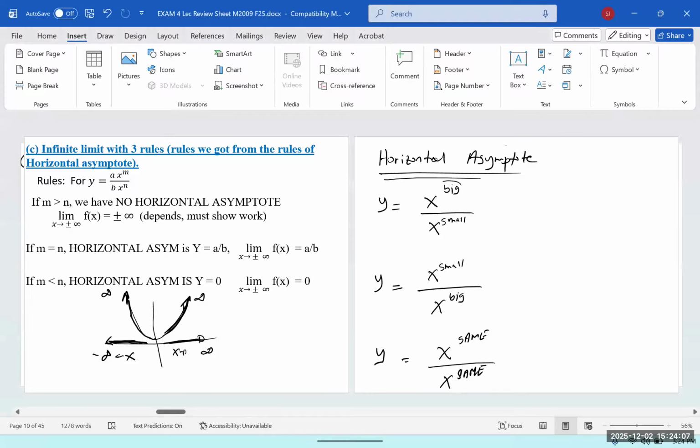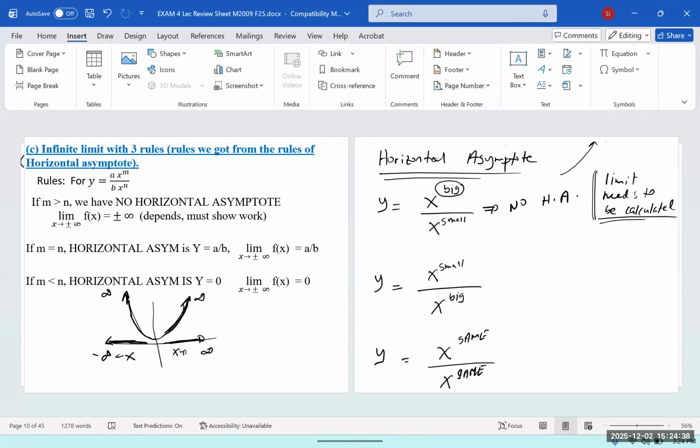When the numerator is big, there is no horizontal asymptote, and you have to calculate your limit. There is no horizontal asymptote, which means the graph goes on forever, either upward or downward.